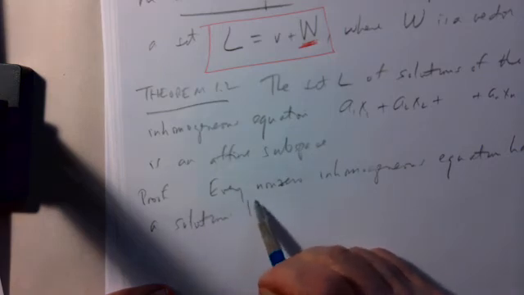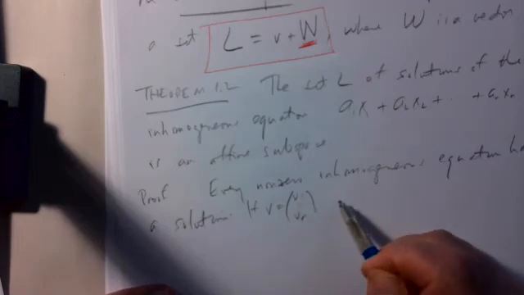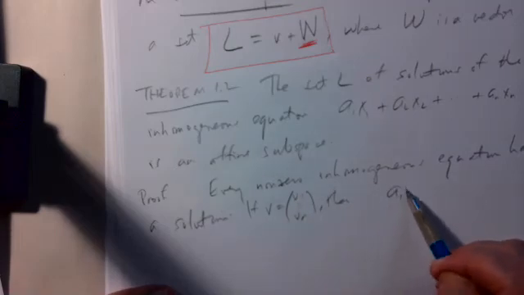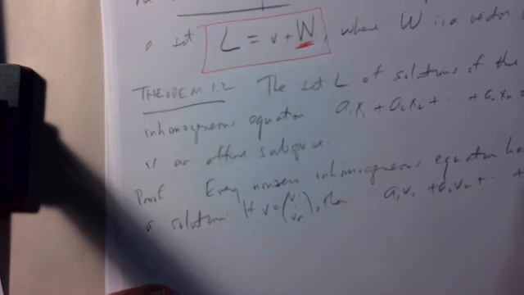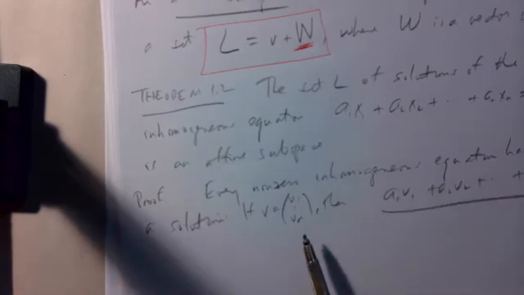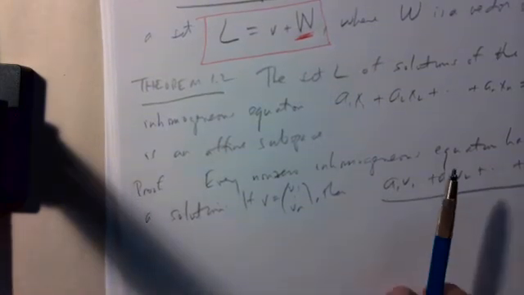And if v, v1 up to vn, is a solution, that means that a1v1 plus a2v2 and so forth up to anvn is equal to b. That's what it means for this to be a solution.